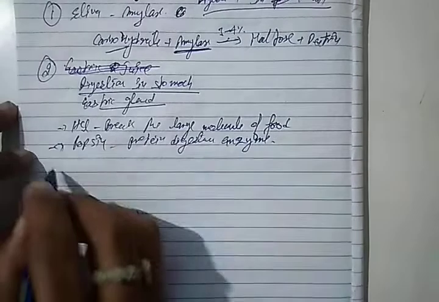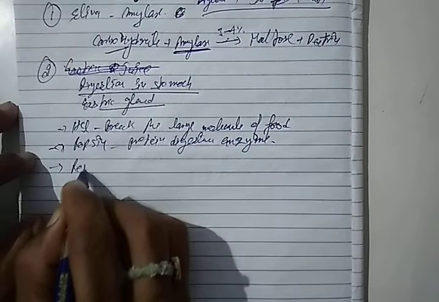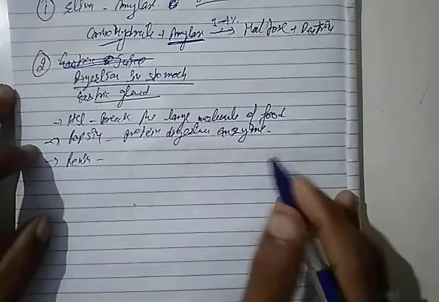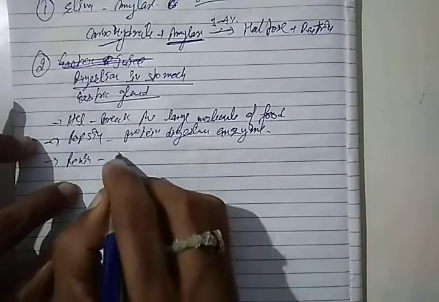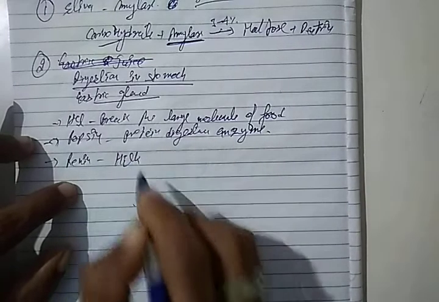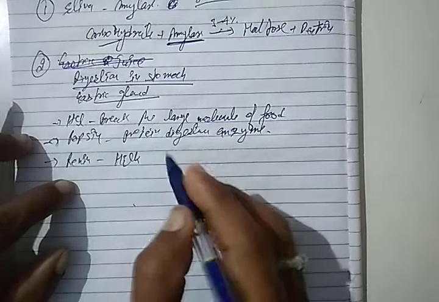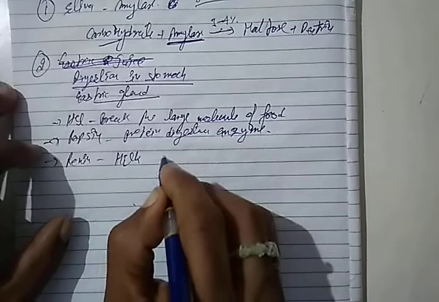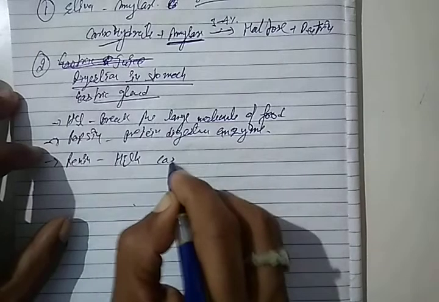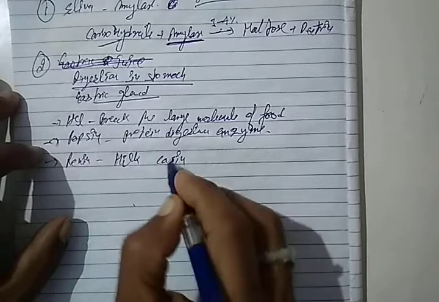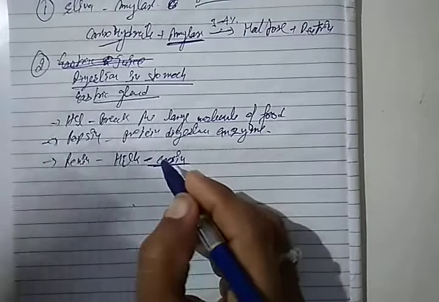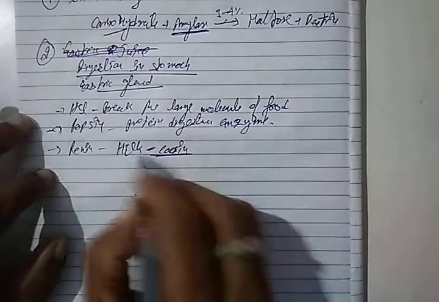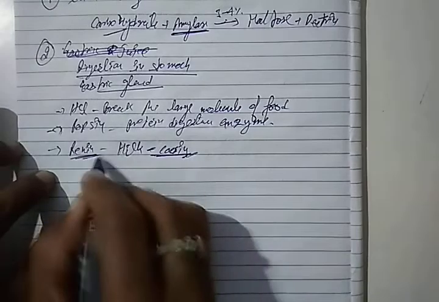Next, renin. Renin is also a protein digestive enzyme. In milk, a protein is present which is called casein. Casein protein is present in milk. It is also called milk protein, that is digested only by renin.